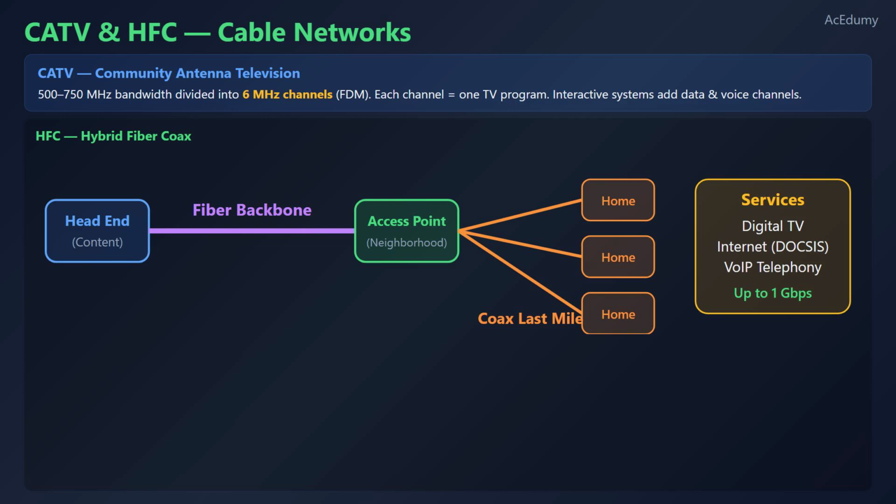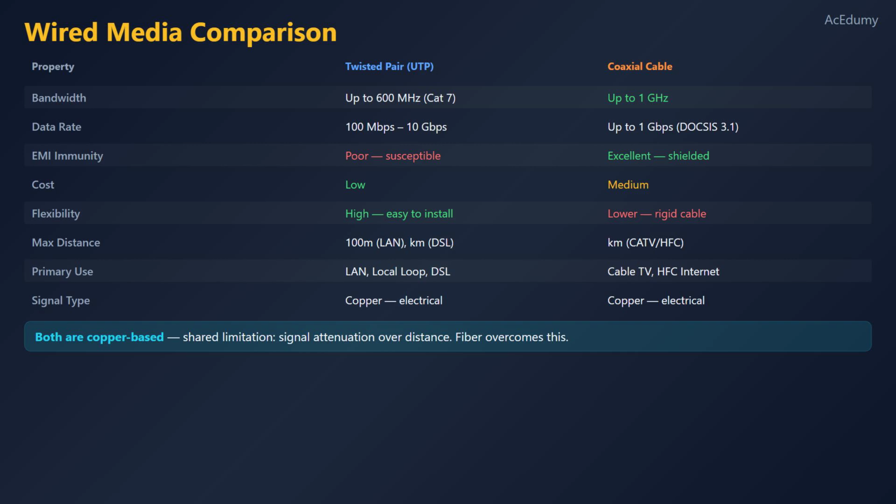HFC supports services like digital TV, high-speed internet, and voice-over-IP telephony, all delivered simultaneously over the same network. Cable internet using HFC typically provides speeds from 100 megabits per second up to 1 gigabit per second with DOCSIS 3.1.